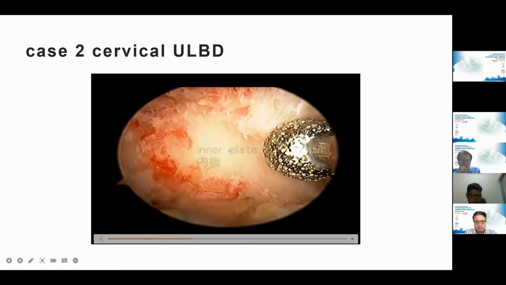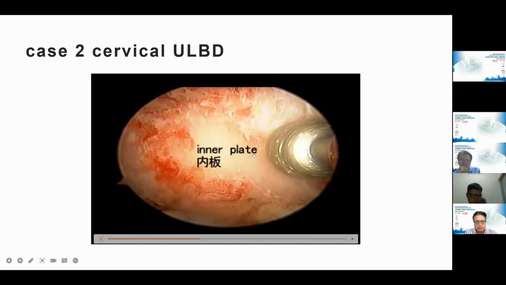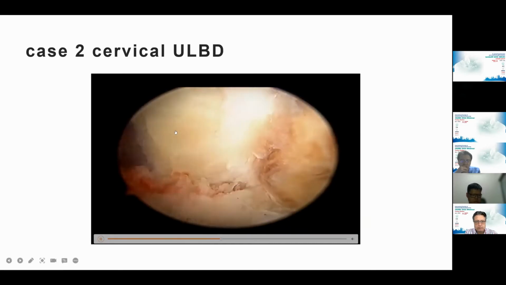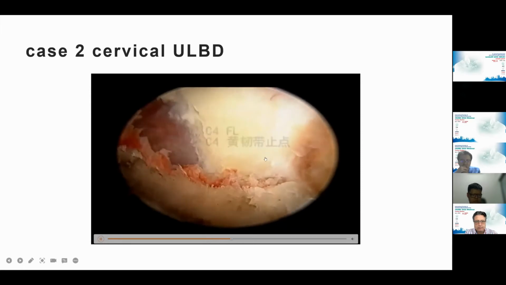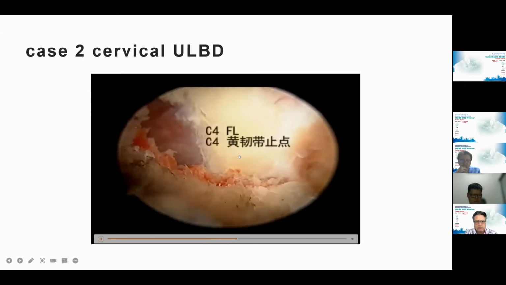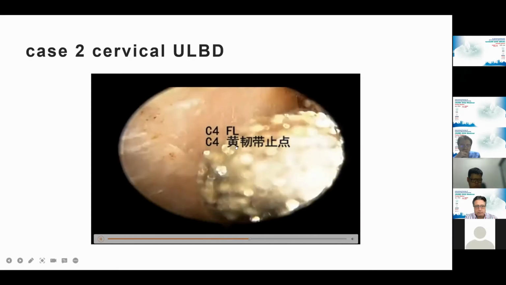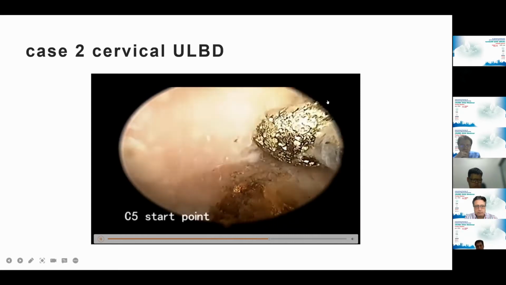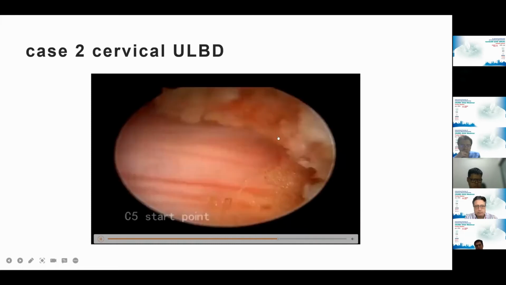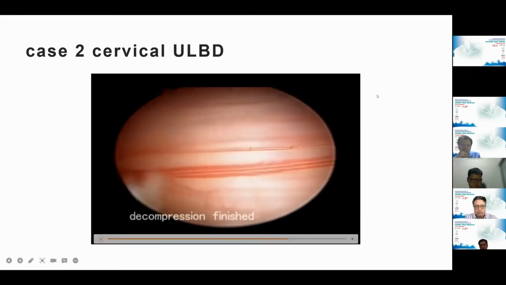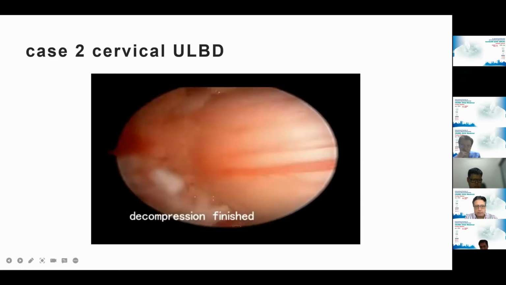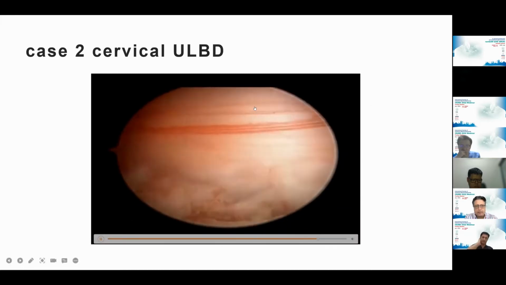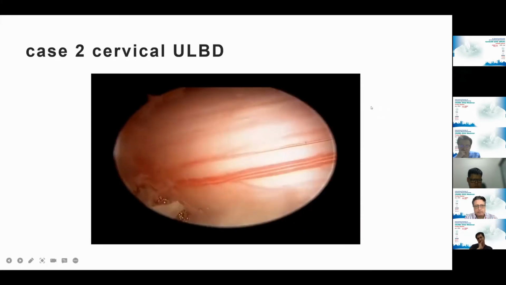Then we remove the inner plate to expose the proximal insertion of the flavum ligament. With the same method, I remove the C5 lamina, and we do the contralateral decompression. But now, in my center, I have given up this cervical UBD procedure.